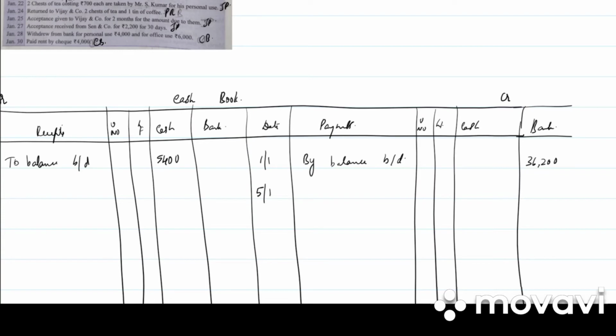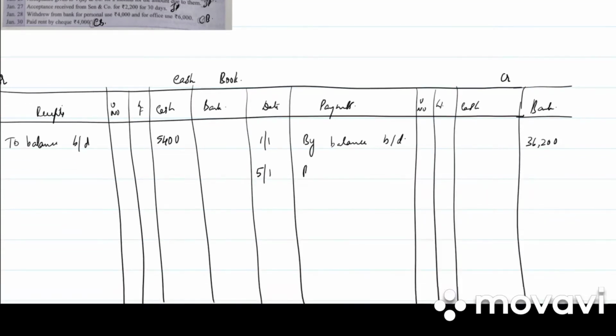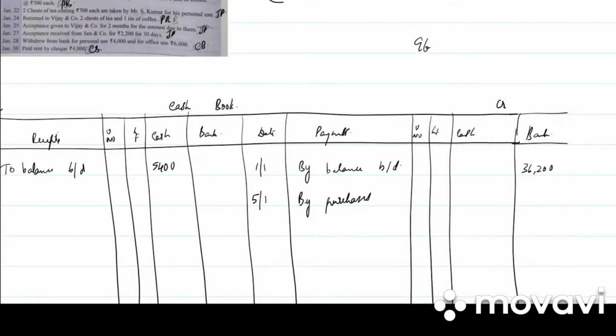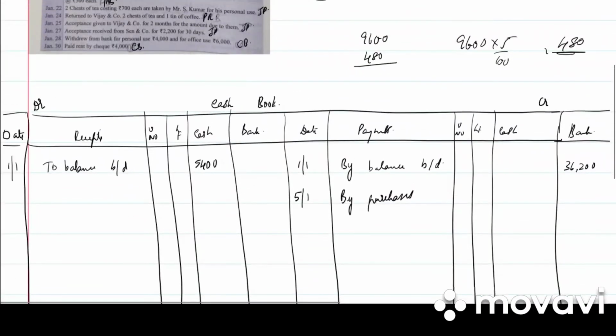Then on 5th Jan we have purchase from Ghanshyam Das. So by purchases, 9,600 into 5 by 100, we need to deduct 480 from 9,600. How much is it?